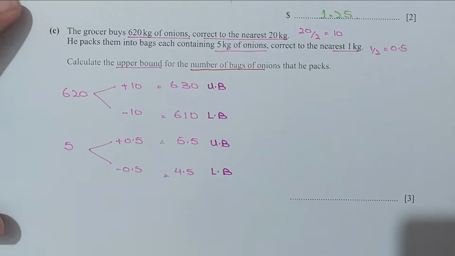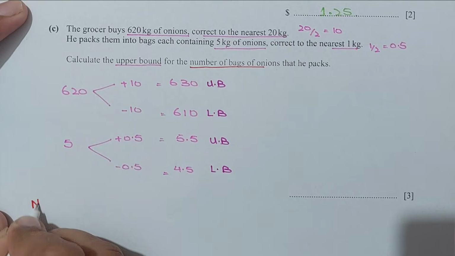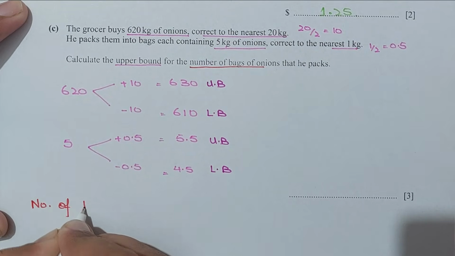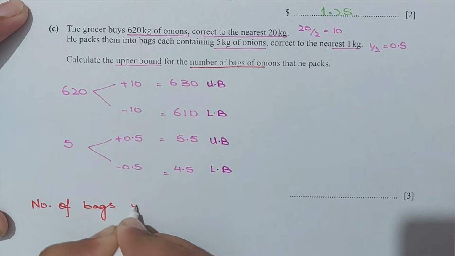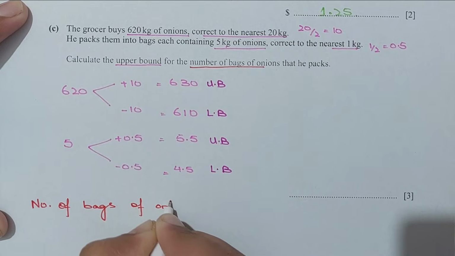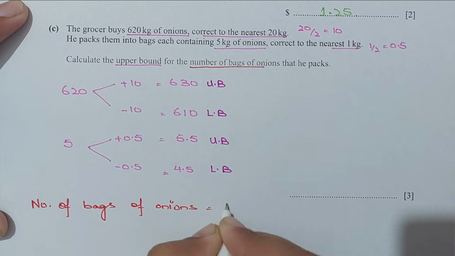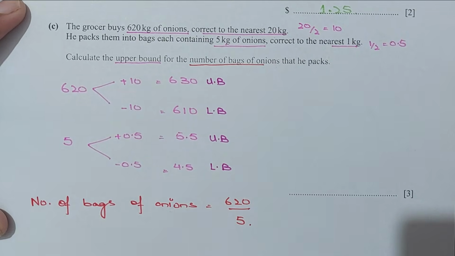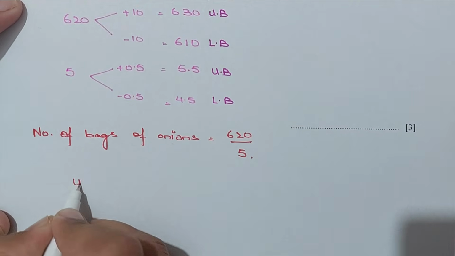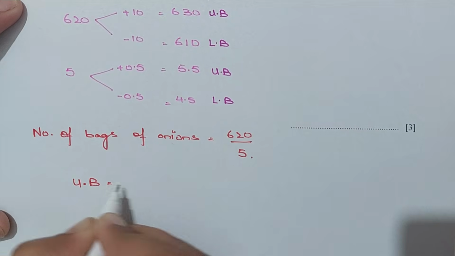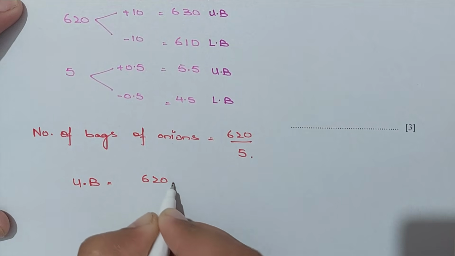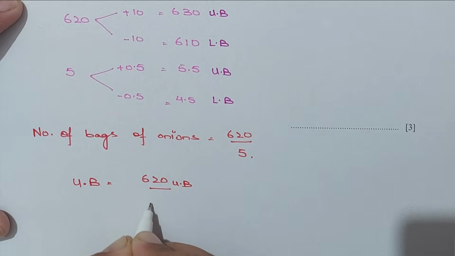So how many bags of onions do we need? To find the number of bags of onions, we have to divide 620 by 5. Now the question is, we have to find the upper bound. So for the upper bound, we use the upper bound of 620 and the lower bound of the denominator, 5.